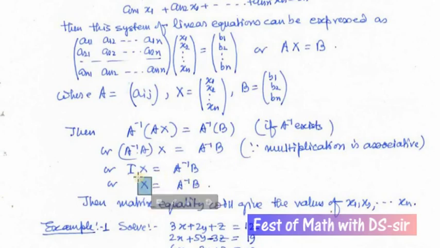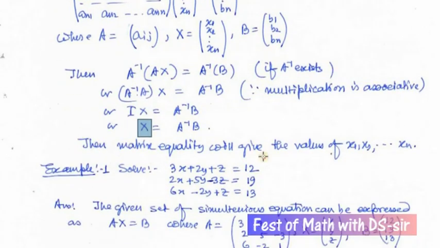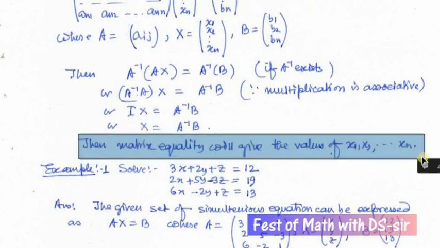So X is equal to A inverse B. Since A is n by n, A inverse is n by n and B is n by 1, so the product will be n by 1 and X is also n by 1. So using equality of matrices, you will get the values of x1, x2, x3.